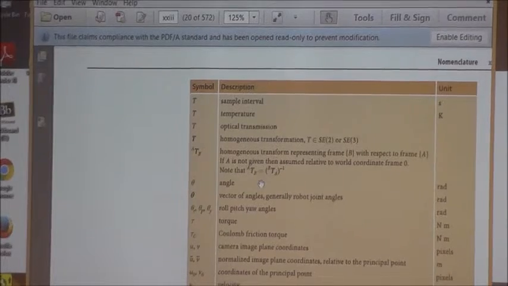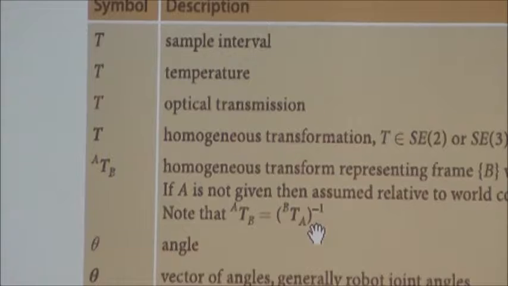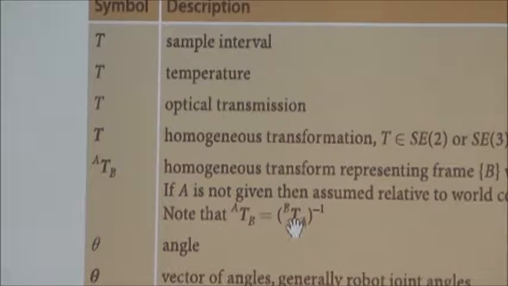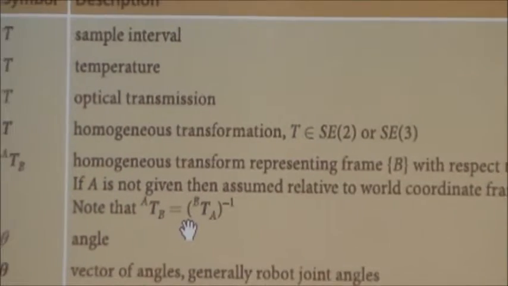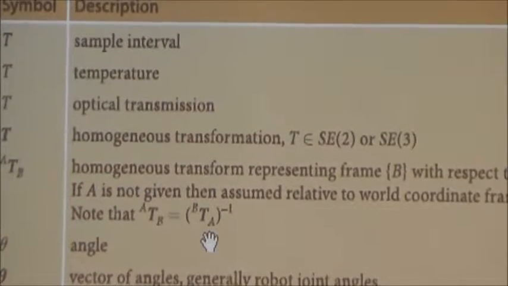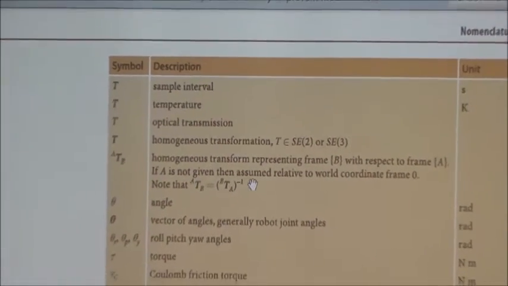Notice that the inverse of homogeneous transformation of B with respect to A is equal to A with respect to B. Okay? Or vice versa, A with respect to B here, B with respect to A here.